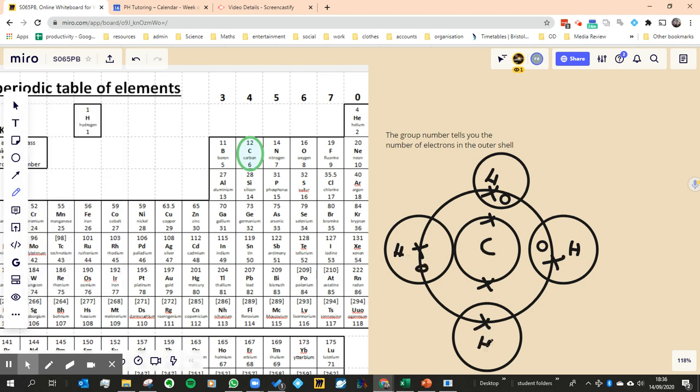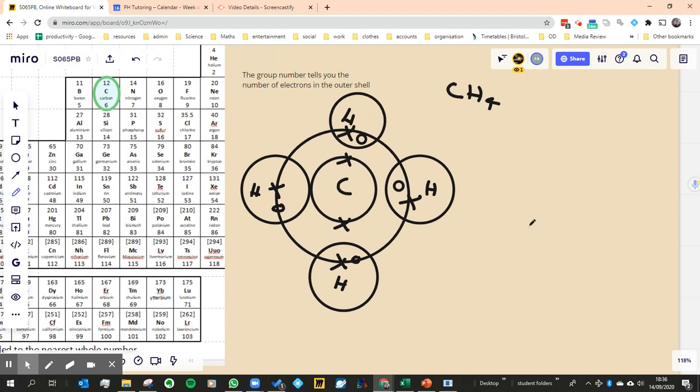It's a bit messy, but that's a dot cross diagram of CH4. You can also redraw it as this. We just call it a stick diagram, also called a displayed formula. And the name of it is methane.